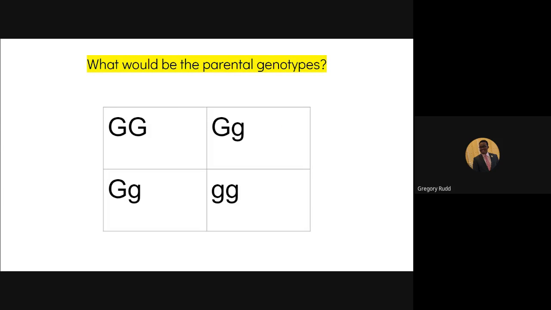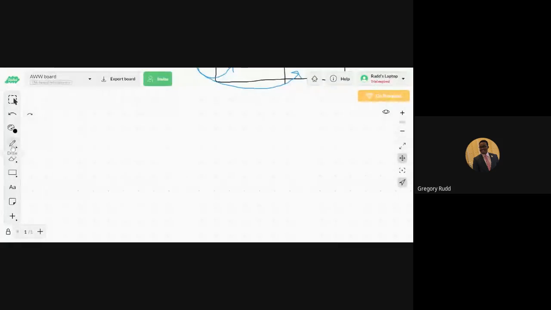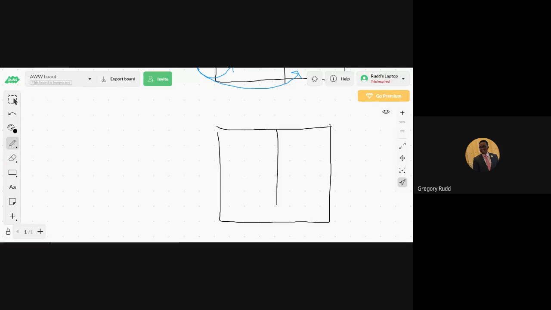Okay, let me come back over here. Now, we've seen that when we are given the parents, we can find the genotypes of the children. Can we also go backwards?